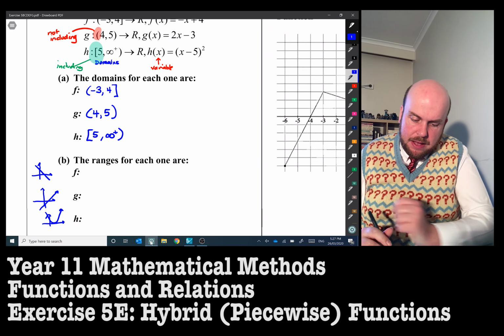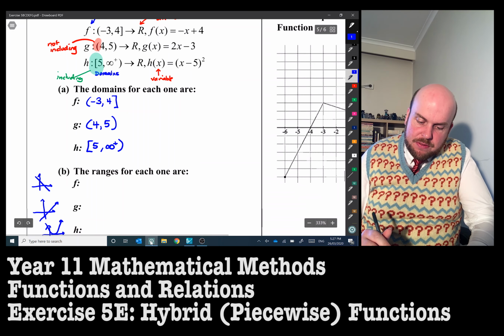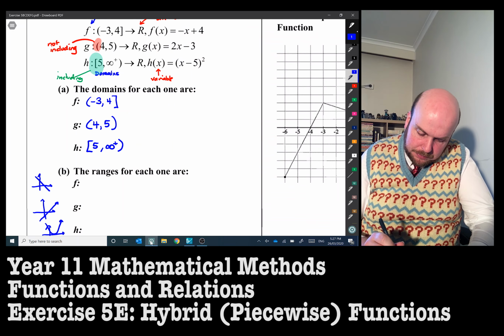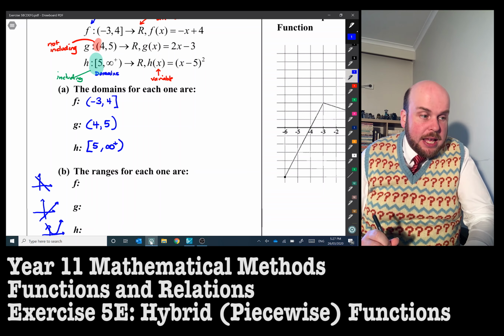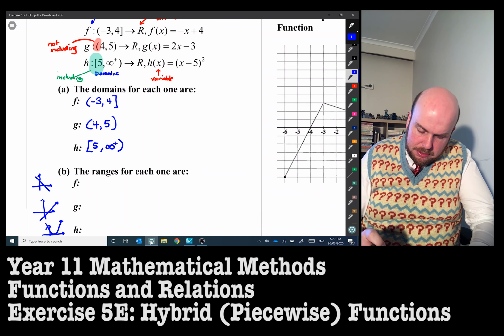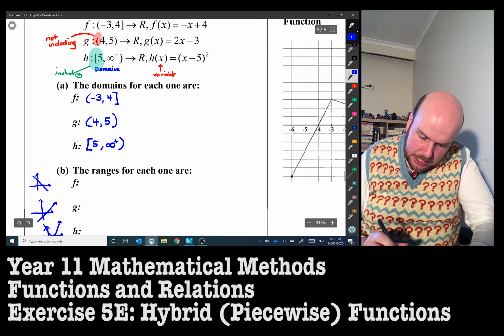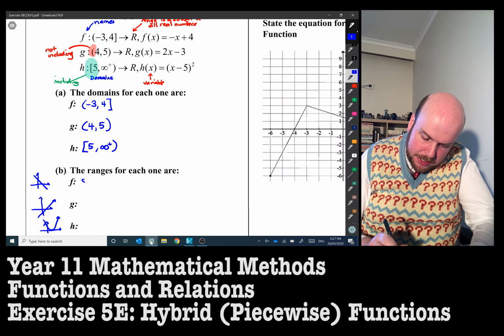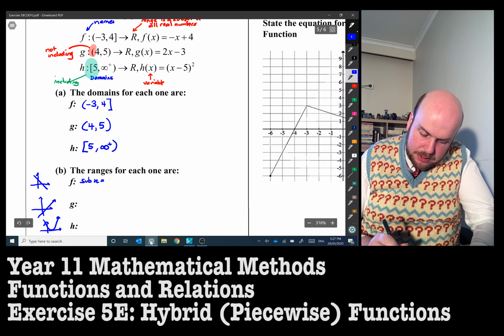So I'm going to start with f. So I'm going to start from -3 to 4. So I'm going to start by getting my lovely values sorted out. So what I'm going to do is sub x equals -3. So this is -(-3) plus 4, which gets me to 3 plus 4, which is 7.